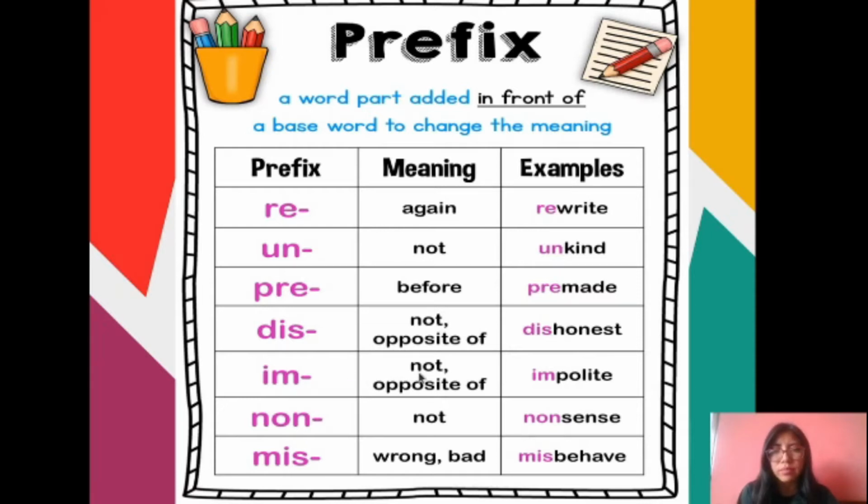In, not, opposite of, okay? That is the same as this. Polite, impolite. Non means not. Sense, nonsense. Mis, what is the meaning? Wrong or bad. You have behave, misbehave.